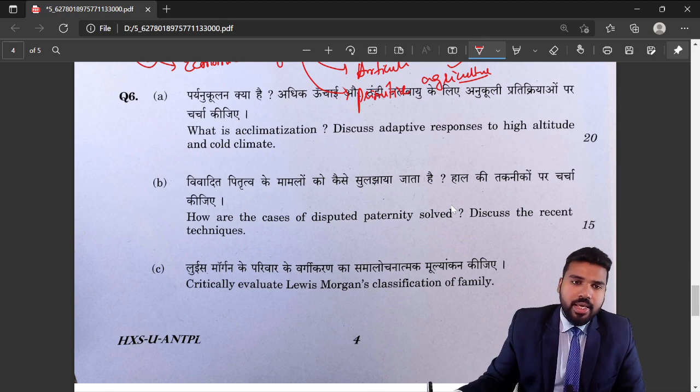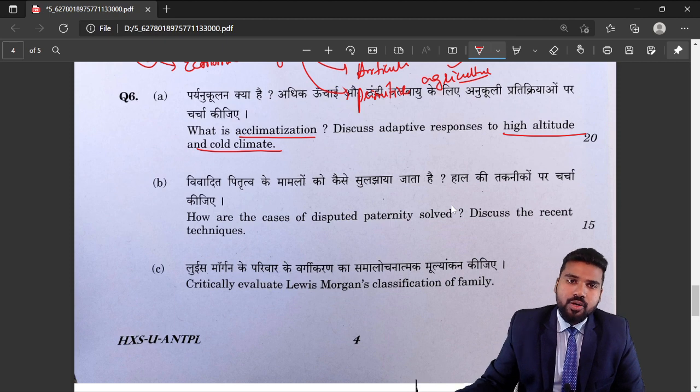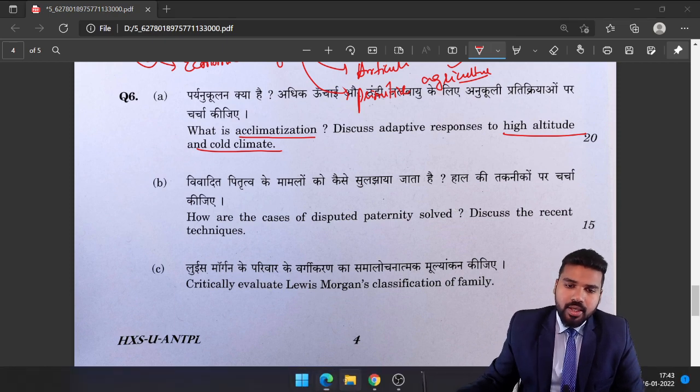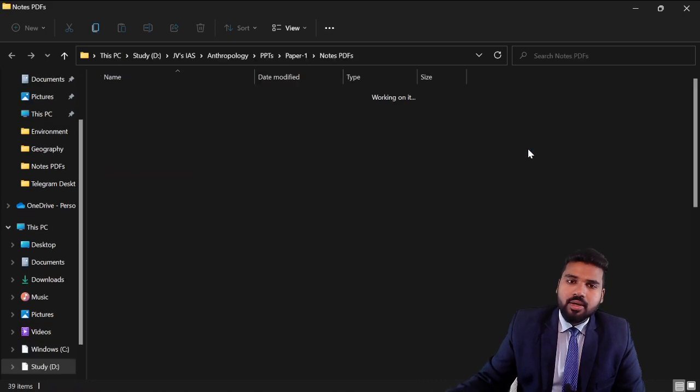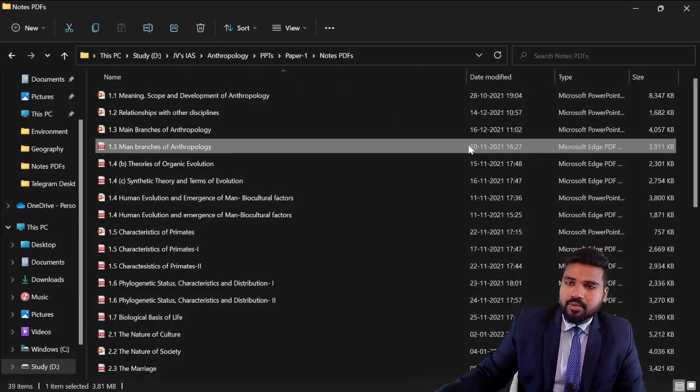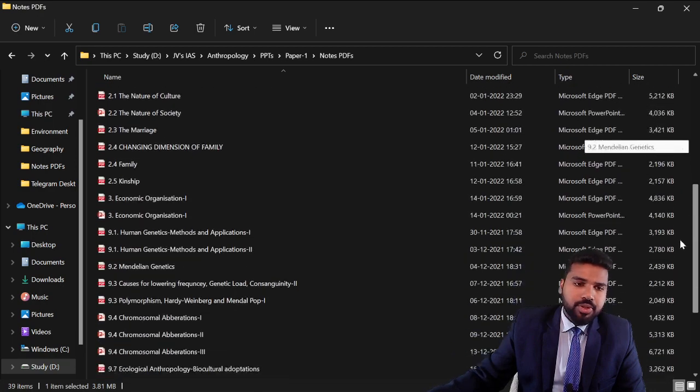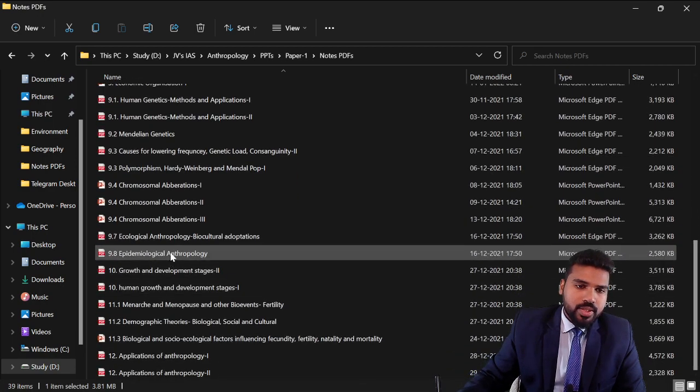So in question number 6, part A, what is acclimatization? Discuss adaptive responses to high altitude and cold climate. If you can recall, we have discussed it. In our discussion, we have seen, and I have provided you the notes as well.